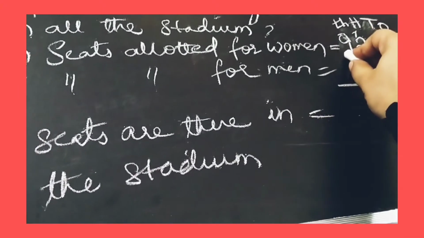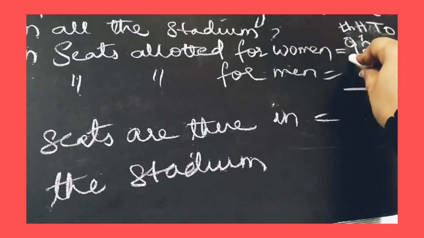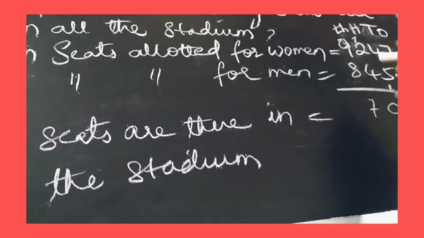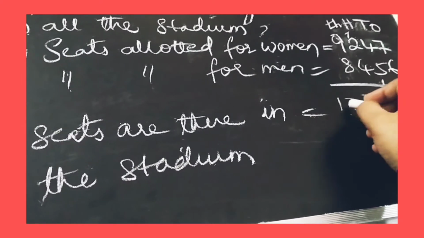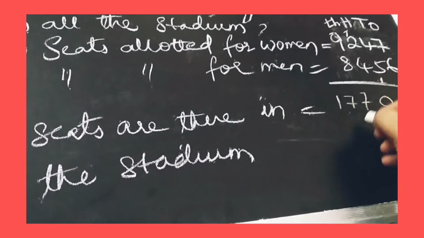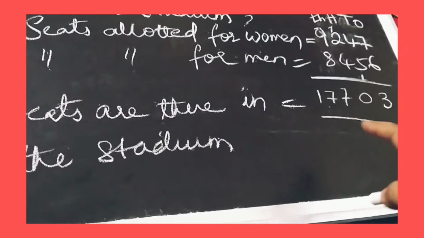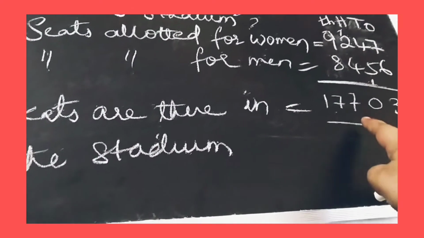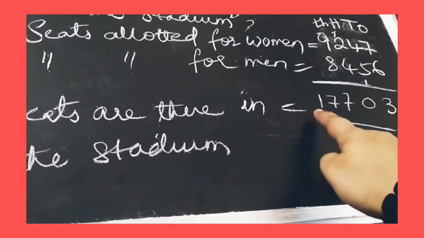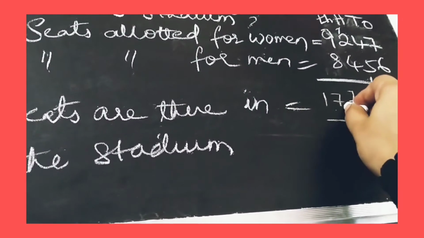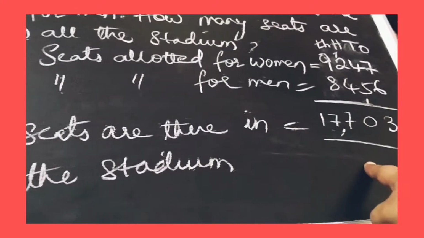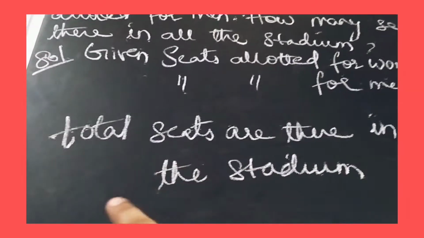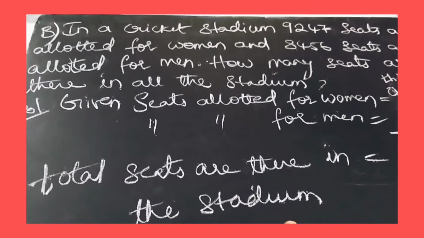Okay, 8 plus 8 is 16, plus 1 is 17, 8 plus 9 is 17. Okay, so it is ones, tens, hundreds, thousands, ten thousands. It is 17,703 total seats. Okay, so these are the total seats in the stadium.